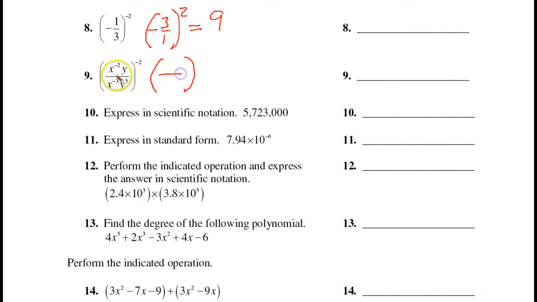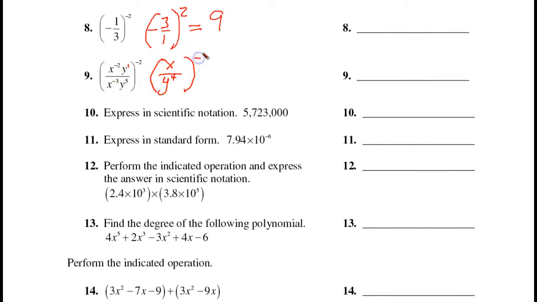So this in my numerator gives me a positive 3. This gives me an x up here. This y comes down and gives me a y to the 4th. There's a 1 there. When it comes down, it subtracts from the 5, gives you a 4.